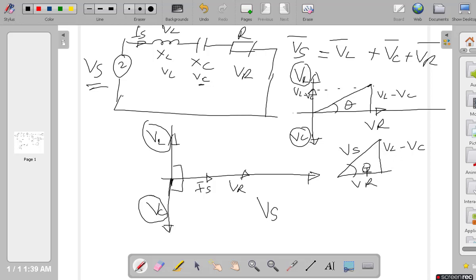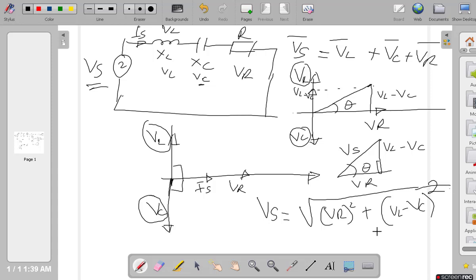If you look at Pythagoras theorem, where this is a right angle triangle, Vs is equal to the square root of VR squared plus VL minus VC, squared. Like this. That's how you find the total supply voltage, by adding the square of VR and the square of VL minus VC, then taking the square root.